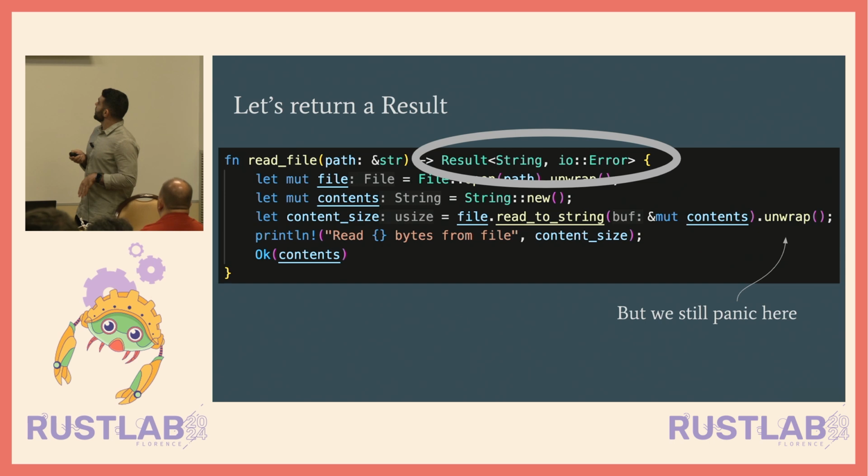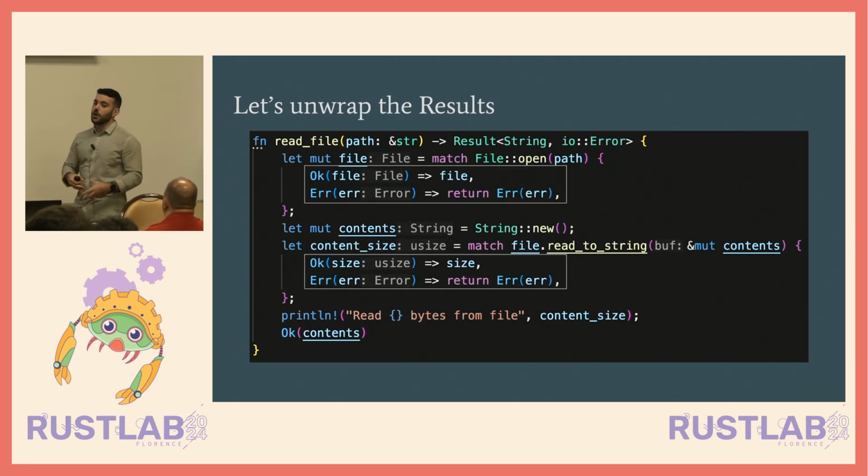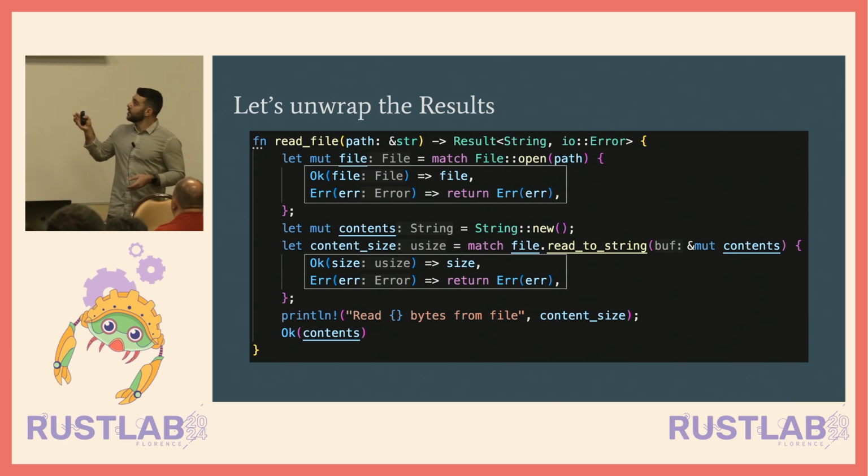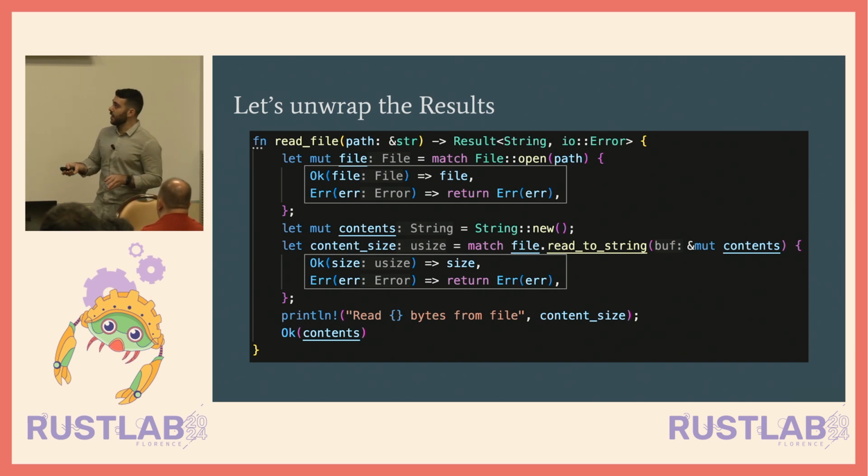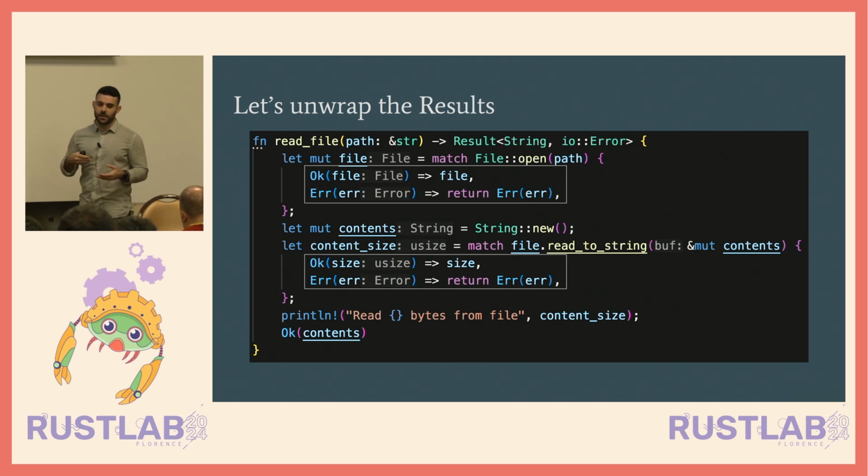What we can do instead of panicking is just open the result by ourselves. We can just do what the unwrap function did, match the result. We know that file open returns a result and read to string returns a result, and we can match this result. Now in case of OK, we just continue with the value inside. But in case of error, we return this error to the calling function.